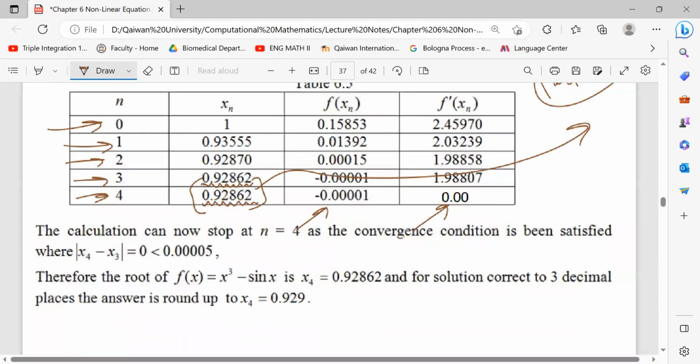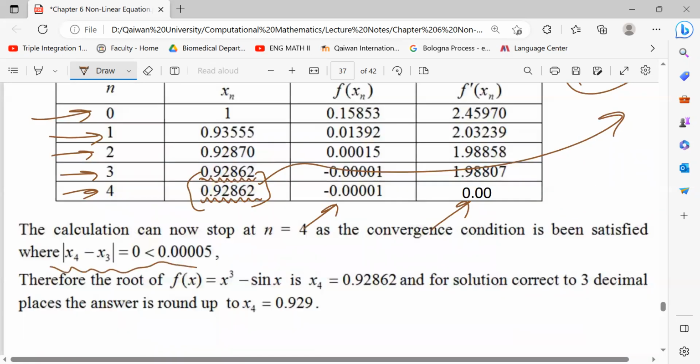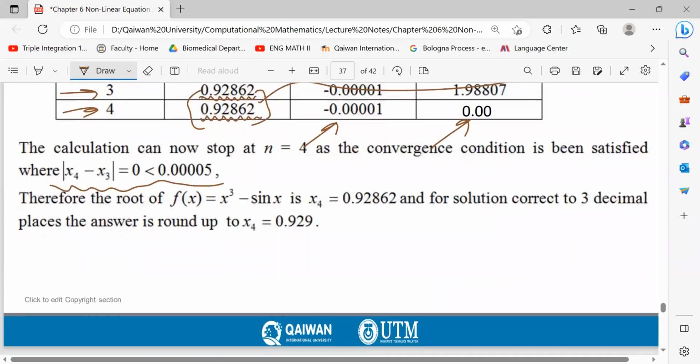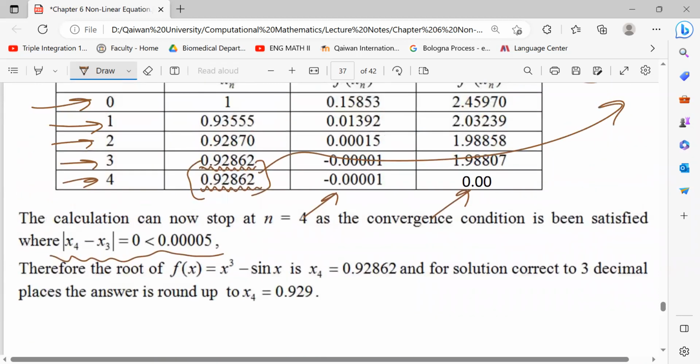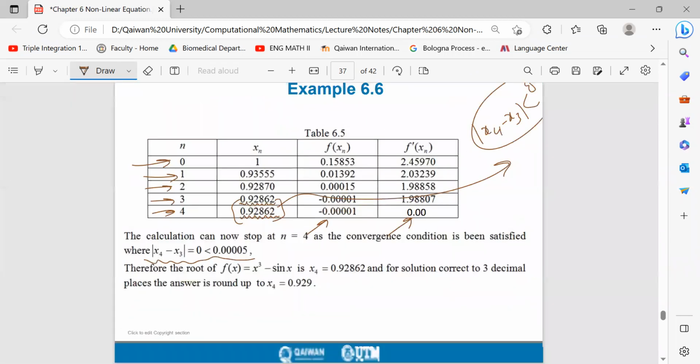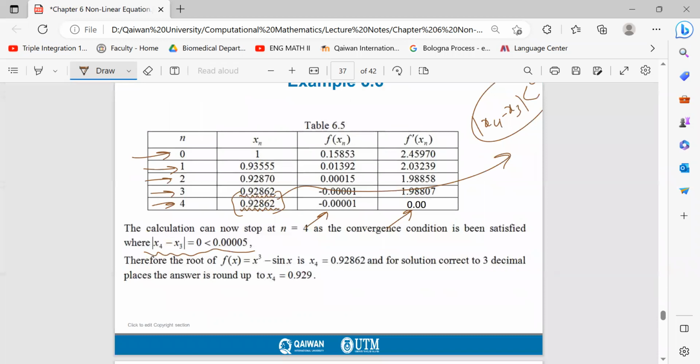It's less than epsilon, and we stop here. And you say the last value of x is our solution. What's x here? The index is 4. It's x4. So x4 is our solution. Okay? The last value of x is our solution.